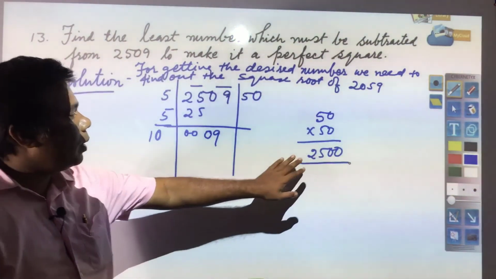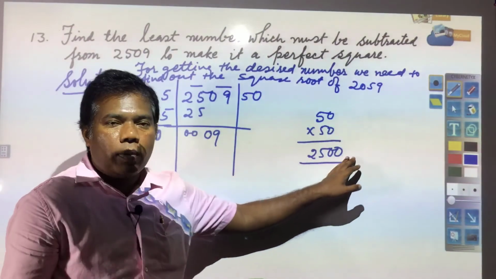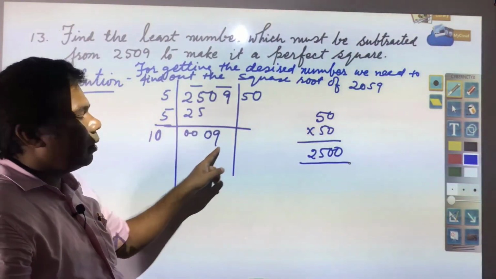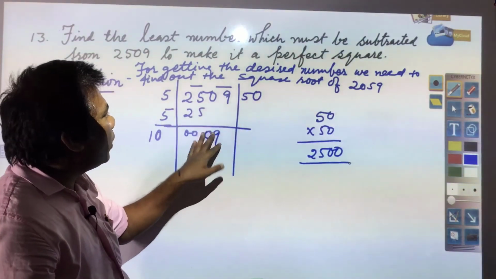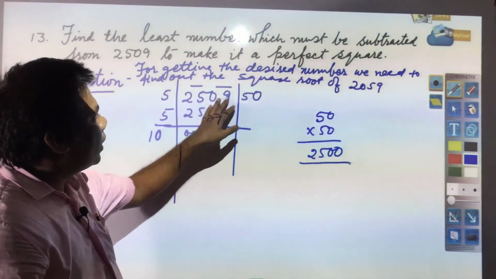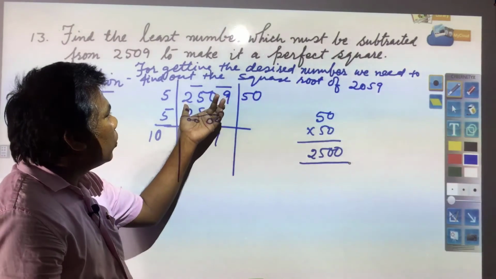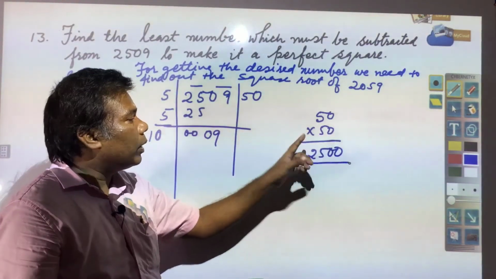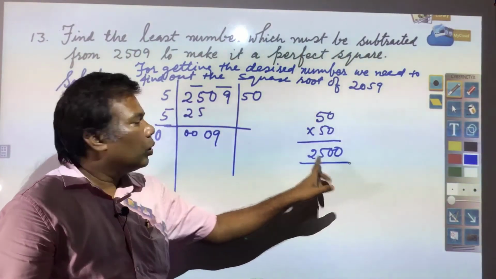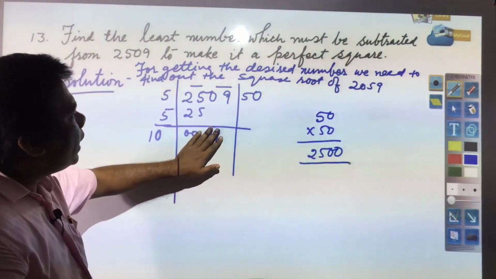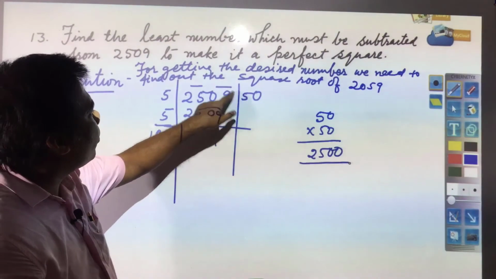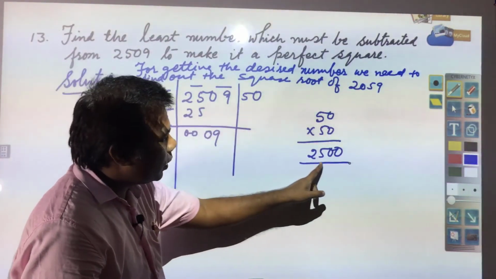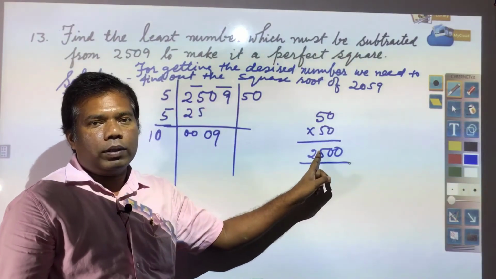It means 2500 is a perfect square, but here you have extra remainder 9. If 9 would not be there in 2509, definitely you will be having this number 2500, it means that would be the perfect square. So, what we found, 9 is required to be subtracted from 2509, so that we will get a number 2500, and this is a perfect square.